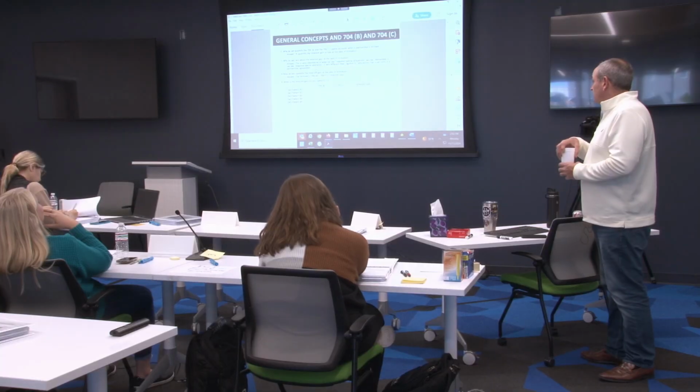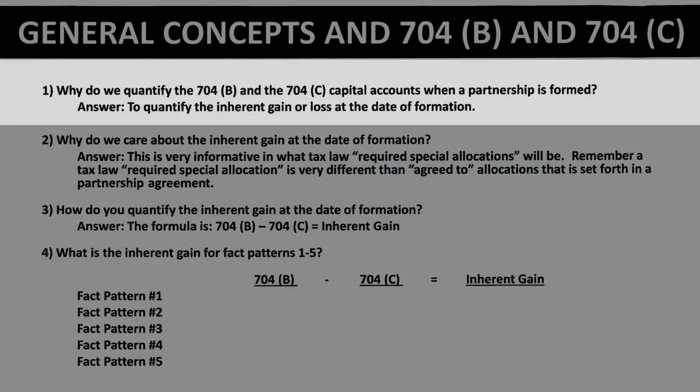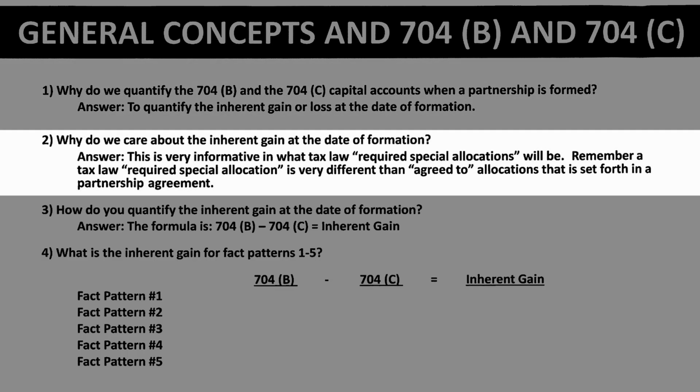Okay, so now, Austin, what's this page say? Number one, why do we quantify the 704B and 704C capital accounts when a partnership is formed? To quantify the inherent gain or loss at the date of formation. Number two, why do we care about the inherent gain at the date of formation?